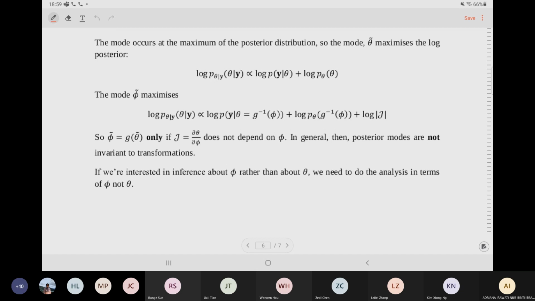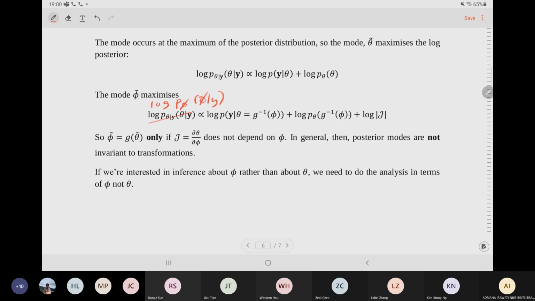I have a feeling that this is actually a typo. Originally this is your log posterior of theta. I think this is actually log p of phi given y, because this is your likelihood and your pdf of g inverse phi, and this is the likelihood of your phi times the Jacobian.